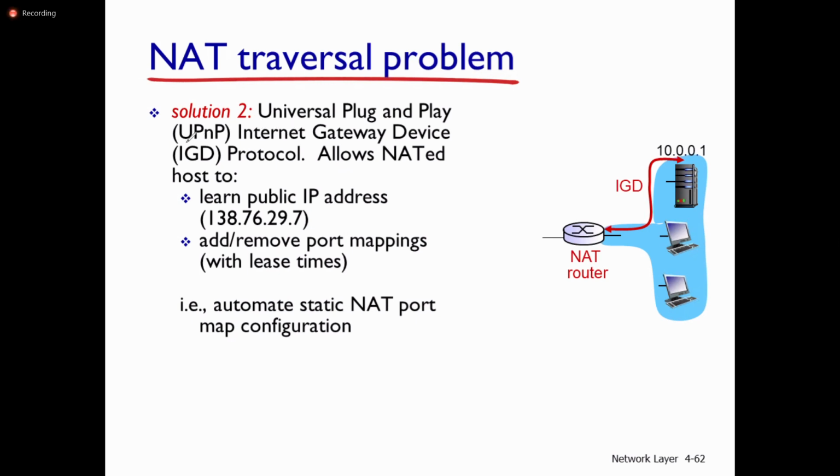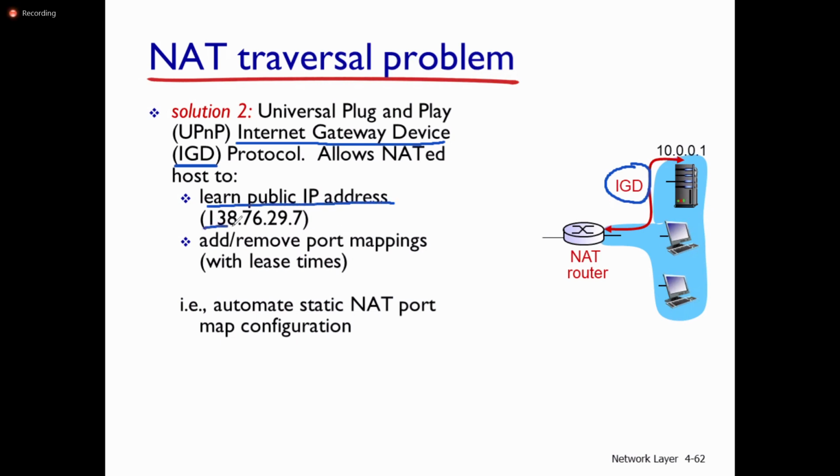Another solution is Universal Plug and Play, UPnP, with the Internet Gateway Device Protocol, IGD. If you use the Internet Gateway Device Protocol, it allows the NATed host to learn the public IP address.